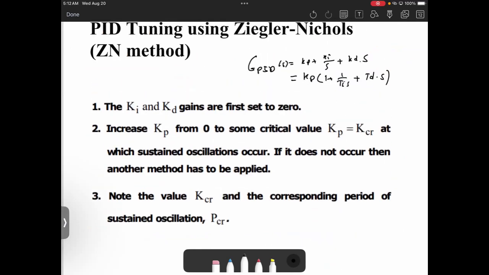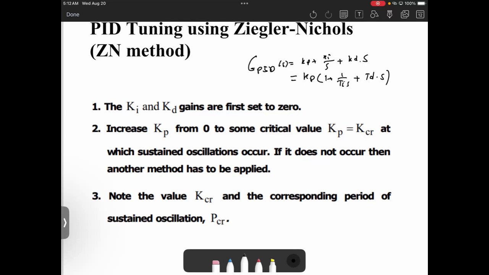But the thing about Ziegler-Nichols, it will give you PID controller parameters that can work fine, but those are not the optimal values, which means the performance will not be the best, but it will give you a good performance. What do I mean by the best?